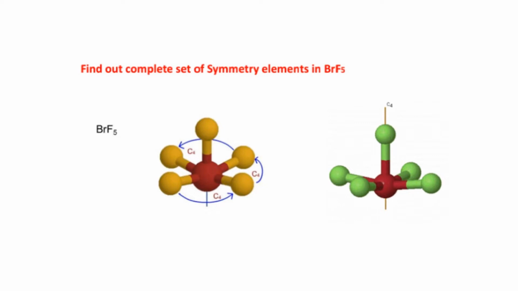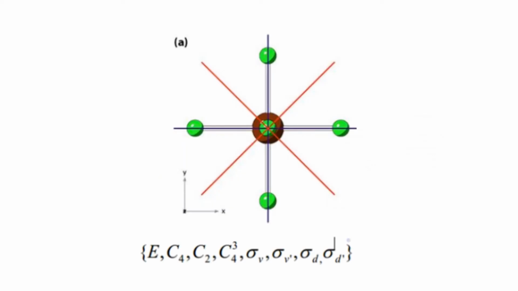The next one: we can see there are 4 sigmas present in this molecule, 2 sigma v's and 2 sigma d's. And here are all the symmetry elements of this molecule.